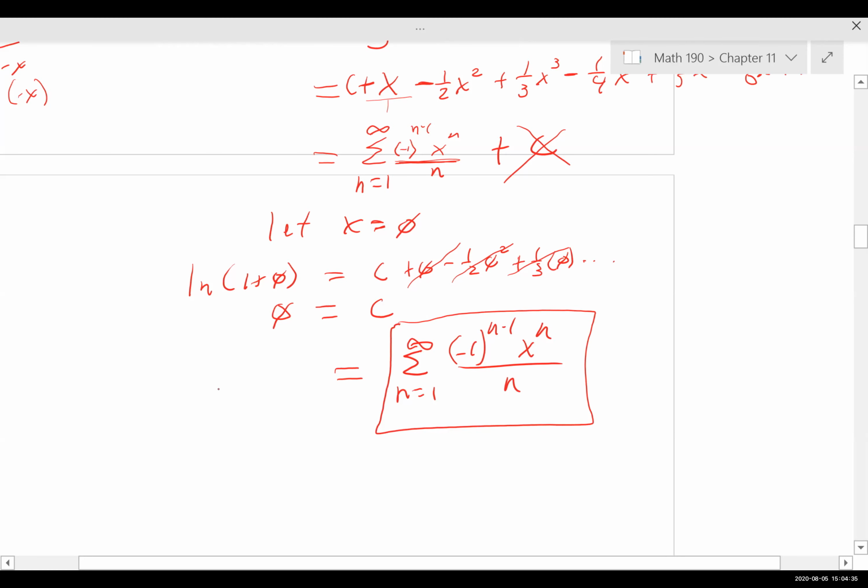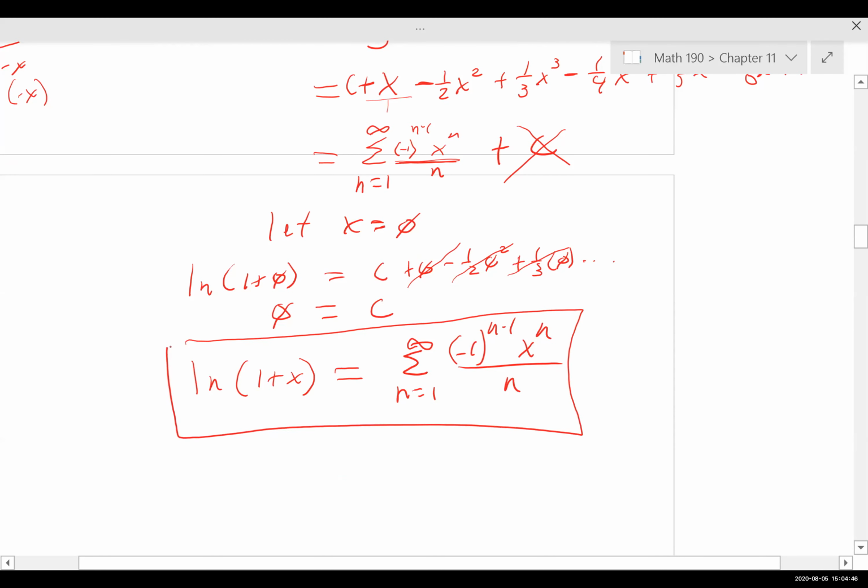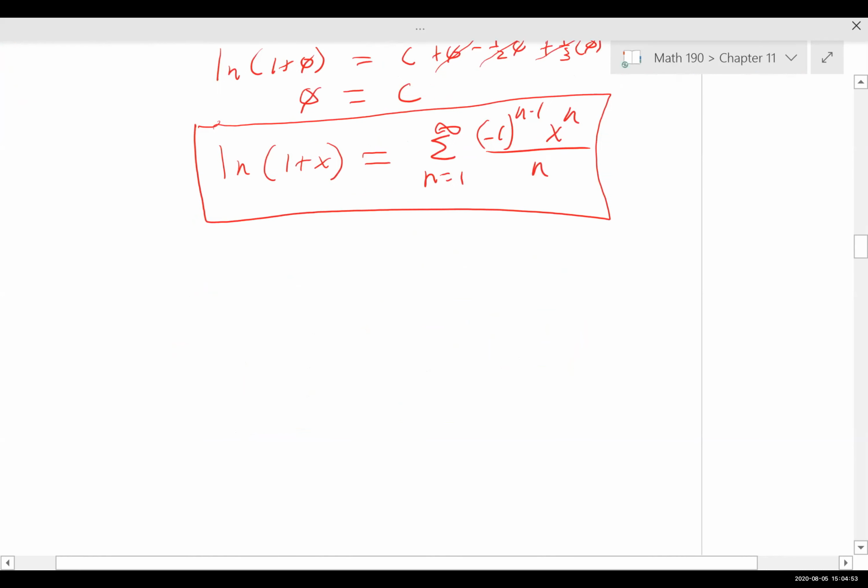So the natural log of 1 plus x is equal to that power series there. That's another identity. Okay, another identity. It did ask us for the radius of convergence on this thing.